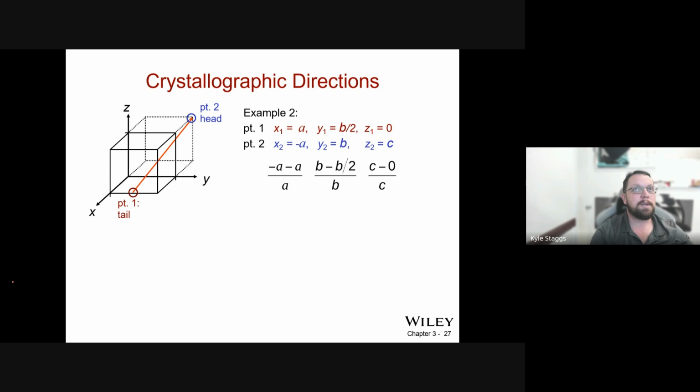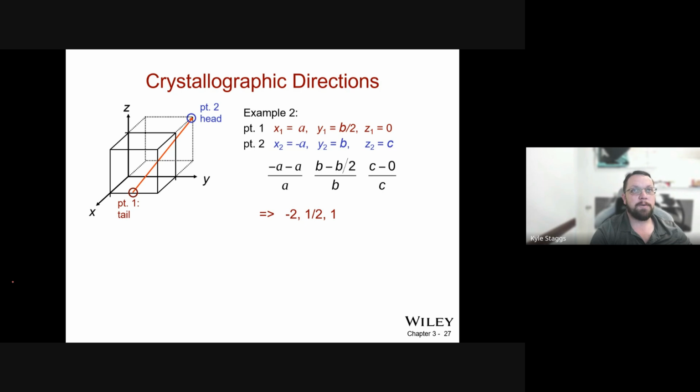So X2 is minus A because it's going in the opposite direction, onto the negative side. Y2 is B because it's again on the positive side, all the way up into that corner. Z2 is C. So minus A over A, B minus B over 2 divided by B, C minus 0 divided by C.